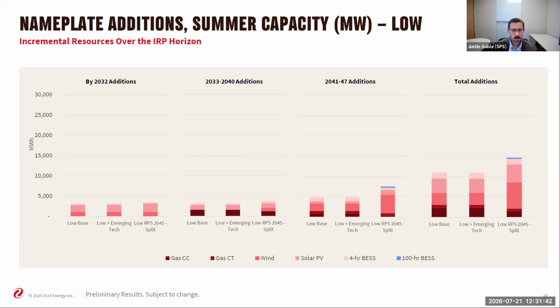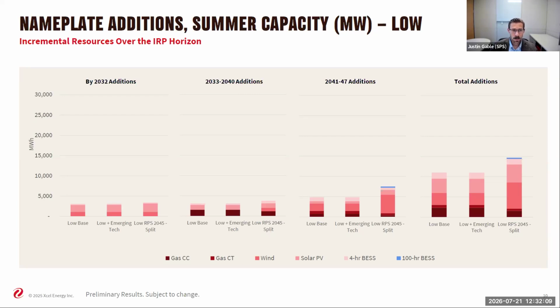In RPS 2045 split scenarios, we do see additional resources being built. And as you get further to the right, you can see that the RPS on the very far right ultimately pulls in a little bit of long duration storage and does have a larger build out of non-carbon emitting resources such as batteries and wind and solar, and a slight reduction in thermal resources as compared to our base scenarios.